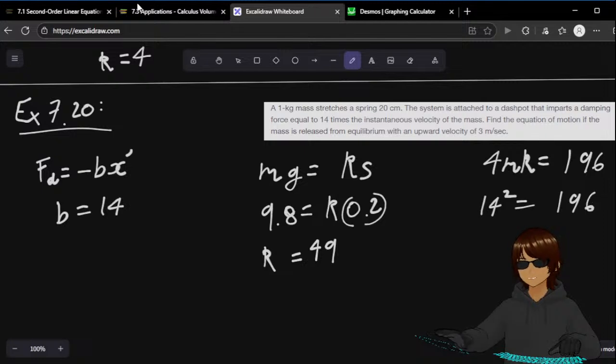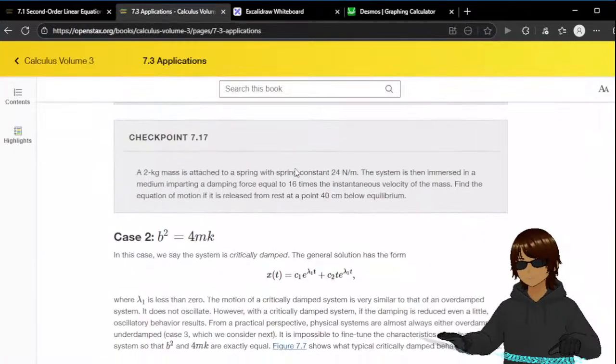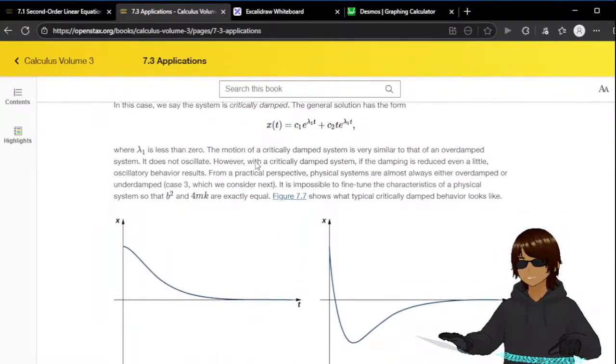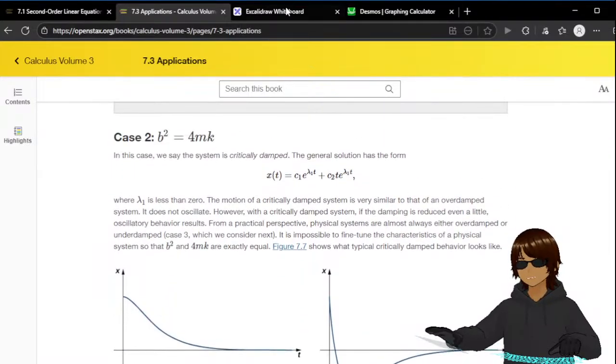So this is the second case. What do we call this case? The critically damped case. The general solution has the form x(t).